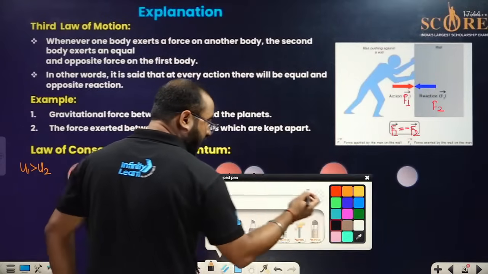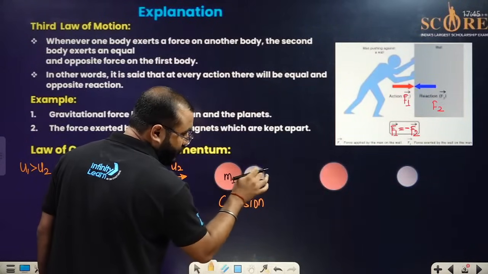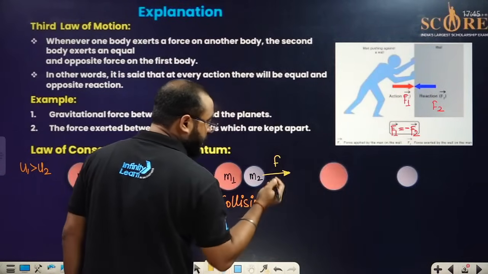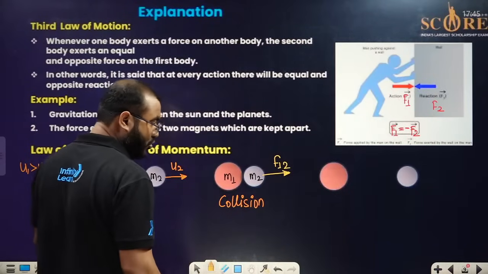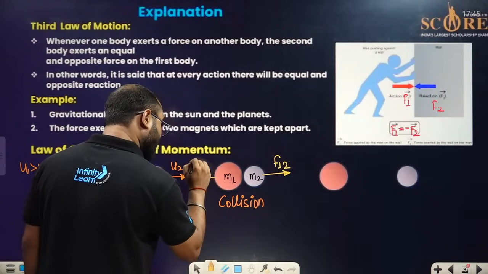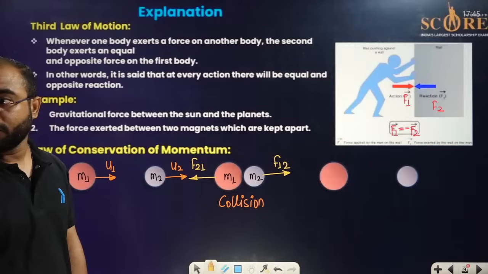As we can understand from the third law of motion, m1 will be applying a force on m2 in this particular direction, that is, for example, F1 will be applying a force on 2. Similarly, body 2 will be applying a force on body 1, equal and opposite.